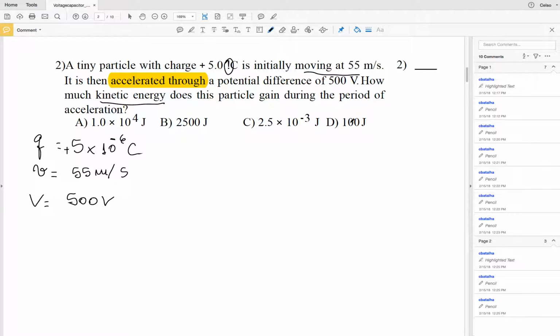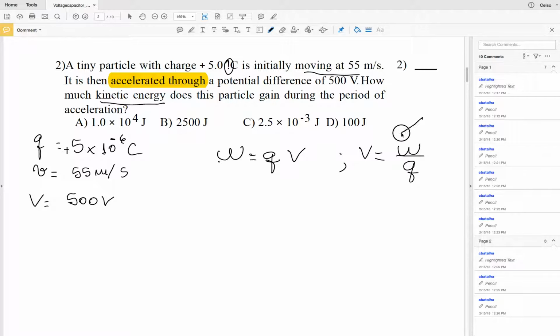So again, how do we solve for that? What are the basic equations we learn here? We know the work, which is energy, is given by Q times V. Or, as we presented before, the definition of voltage is the work that the electric field exerts on the charge per unit of charge.